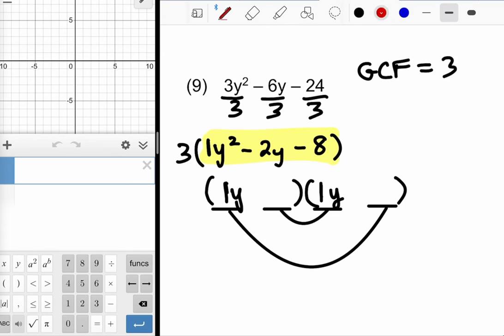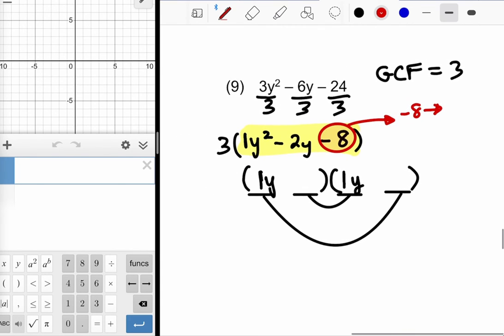But that negative 8 is going to have some factors: negative 1, positive 8, 1, negative 8, negative 2, positive 4, 2, negative 4. And it's just a question of arrangement. So I'm actually just using the same approach.